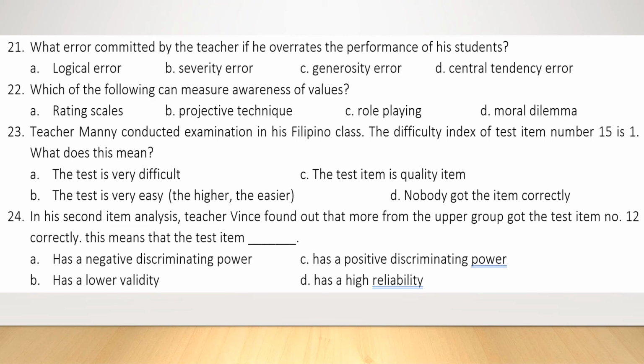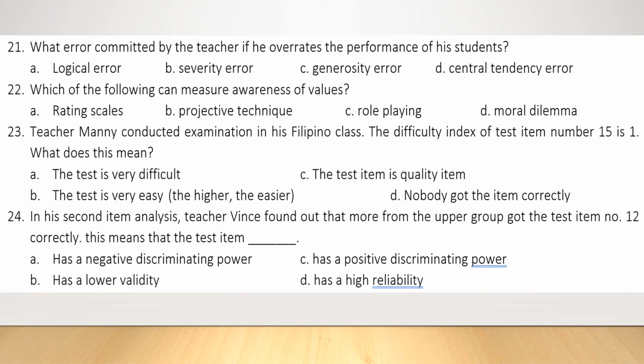Number 24. In his second item analysis, Teacher Vince found out that more from the upper group, the one I told you earlier, got the test item number 12 correctly. This means that the test item has a positive discriminating power. Why?